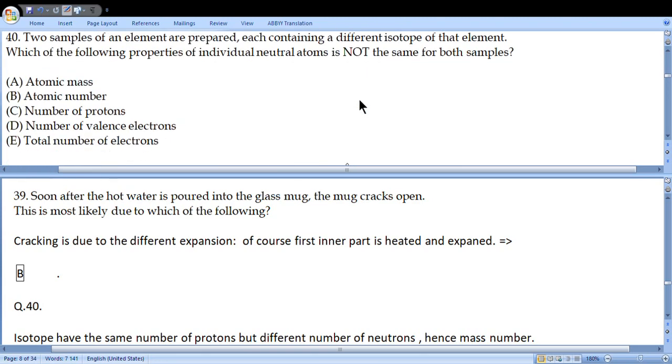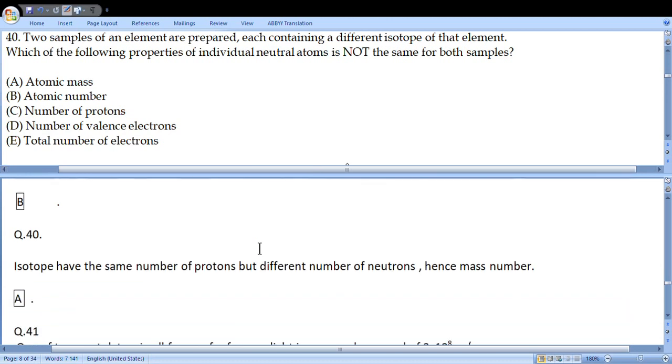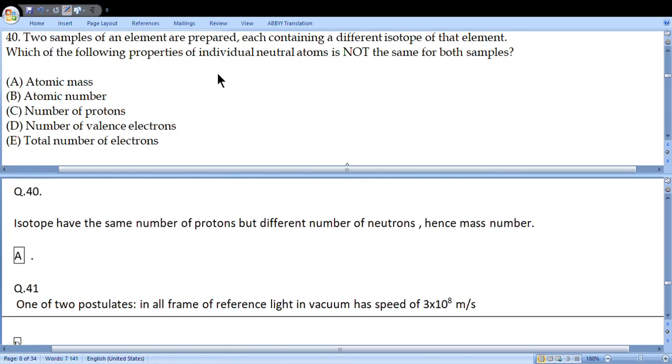Question 40. Two samples of an element are prepared, each containing a different isotope of that element. Which of the following properties of an individual neutral atom is not the same for both samples? Isotopes have the same number of protons but a different number of neutrons, hence a different mass number.